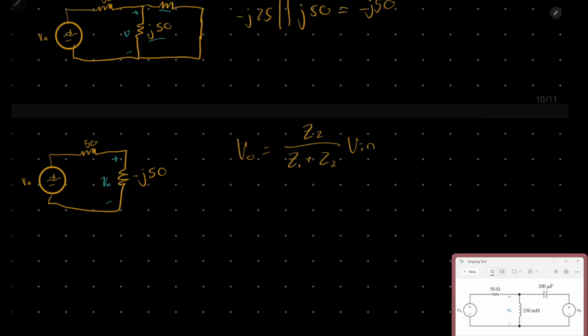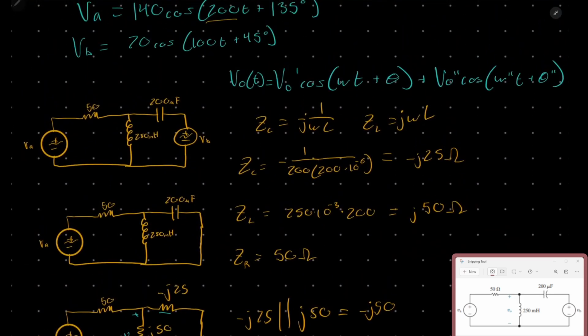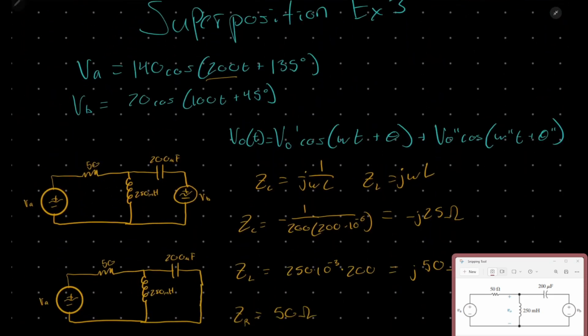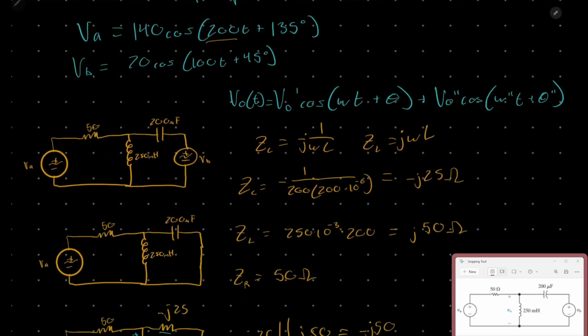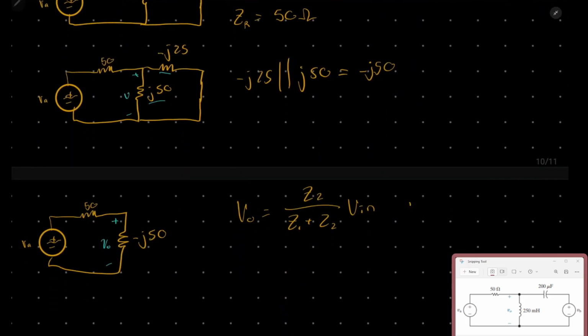Before we plug stuff in, we are going to write our VA in polar form. It's going to be 140 with an angle of 135 degrees.